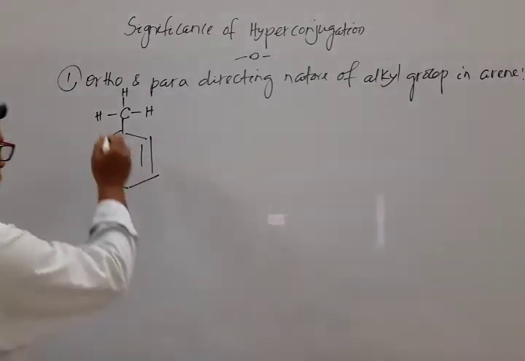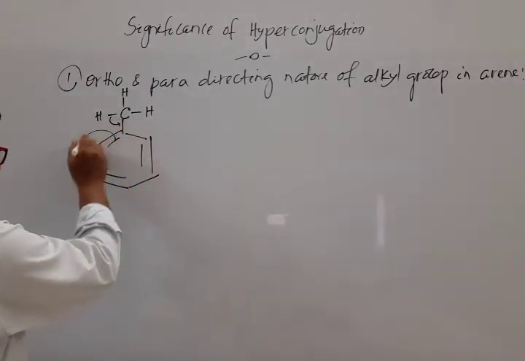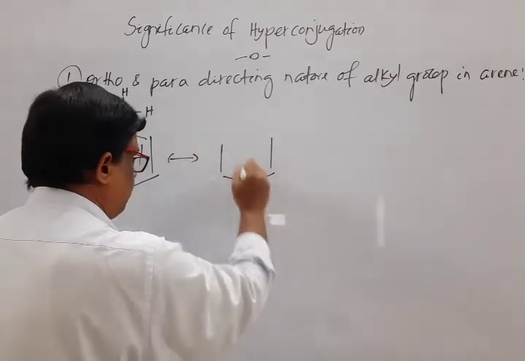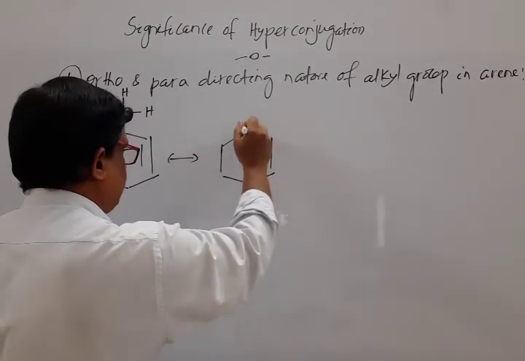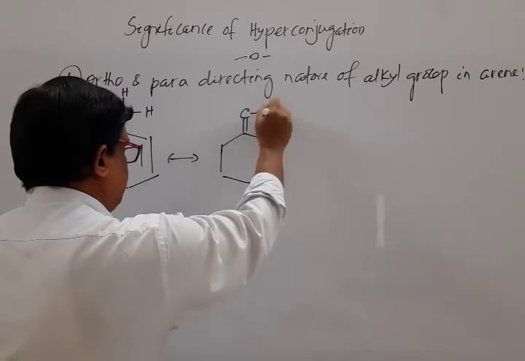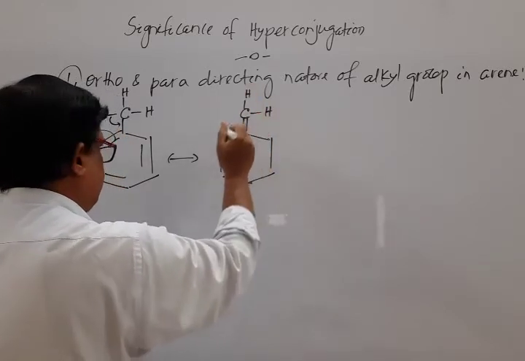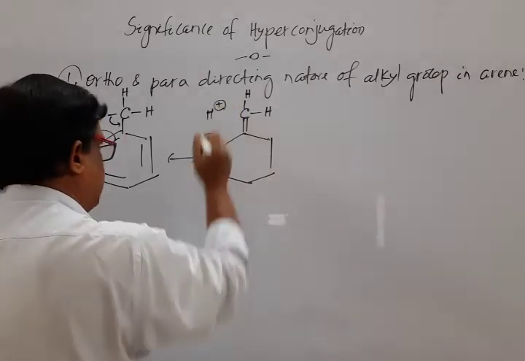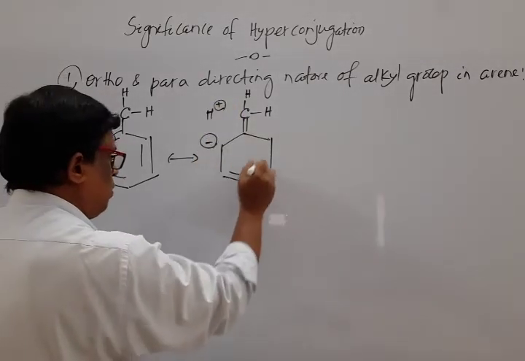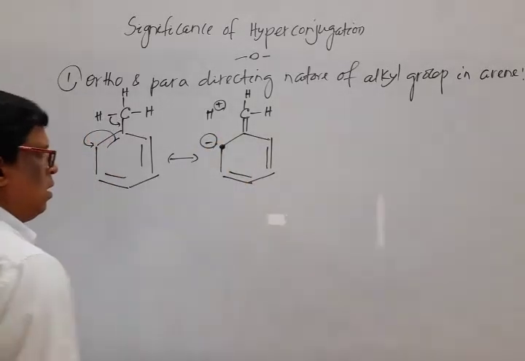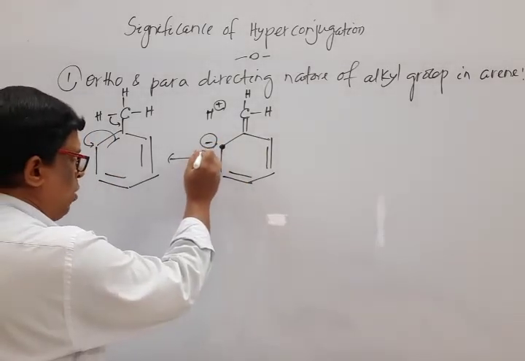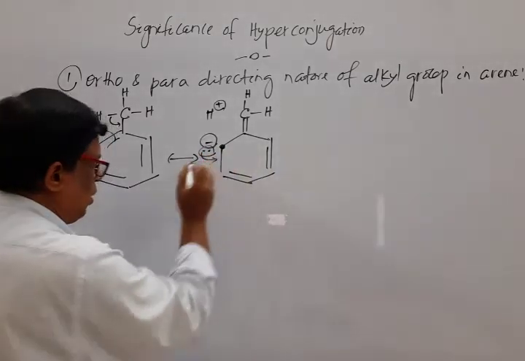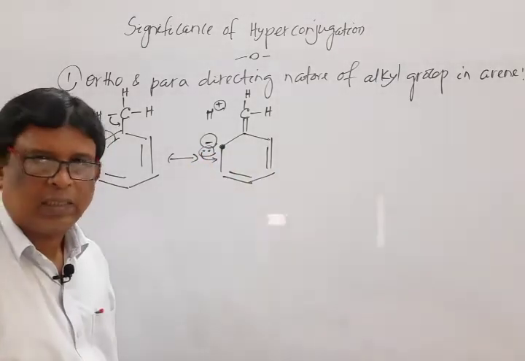Mark that. This bond shifts here, now this one shifts here. As a result, this is the structure, and here is H plus. Now this lone pair of electrons, due to instability, transfers to satisfy tetra covalency.